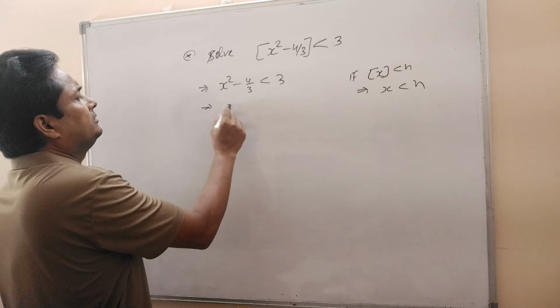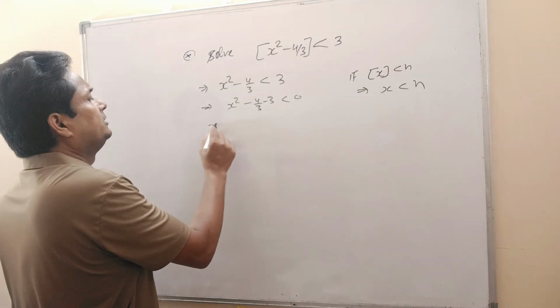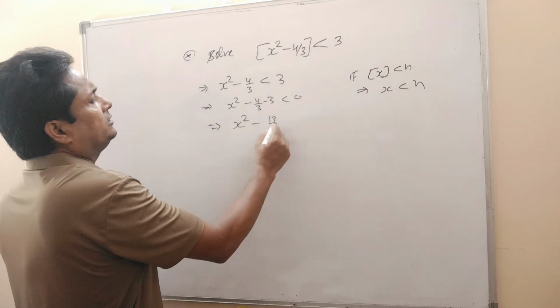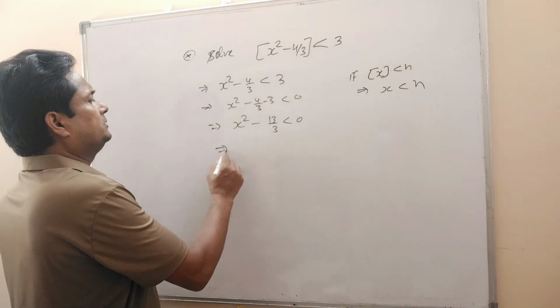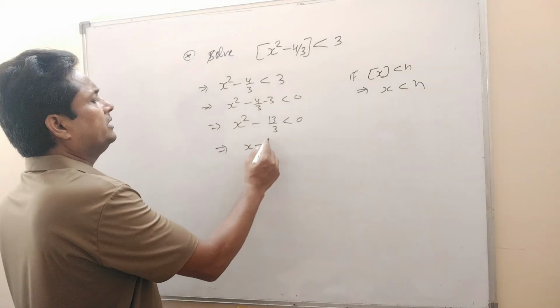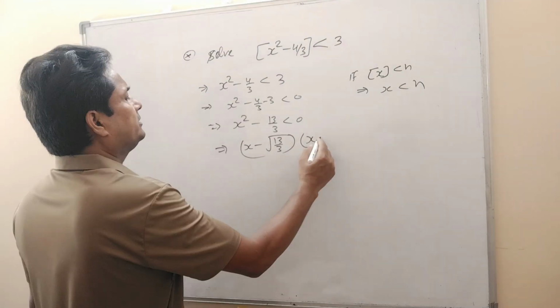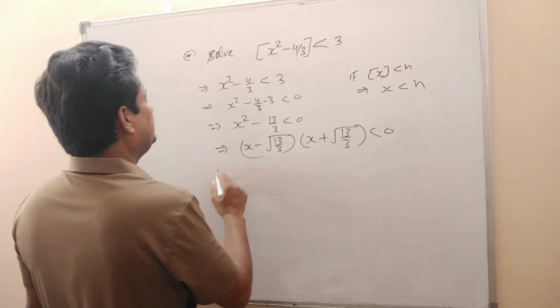Then solve this one. So x square minus 4 by 3 minus 3 less than 0. So this is x square minus 13 by 3 is less than 0. So this is, in one bracket, x minus root of 13 by 3, and in the other bracket x plus root of 13 by 3, less than 0.